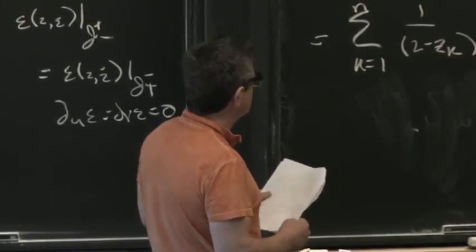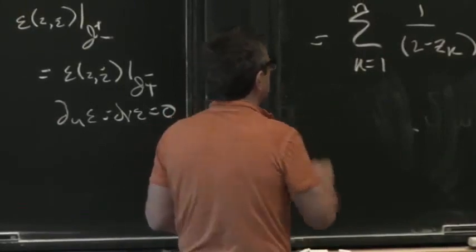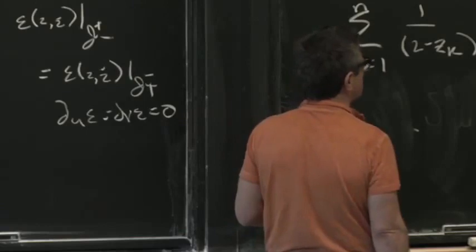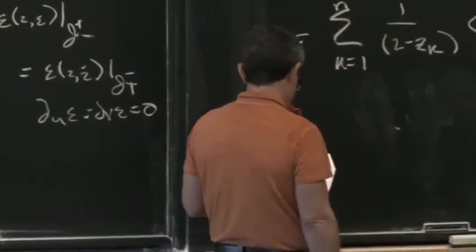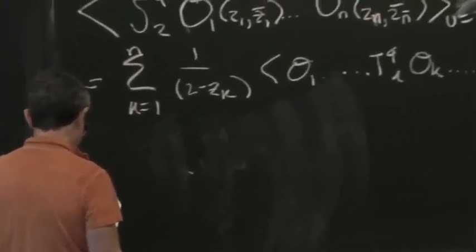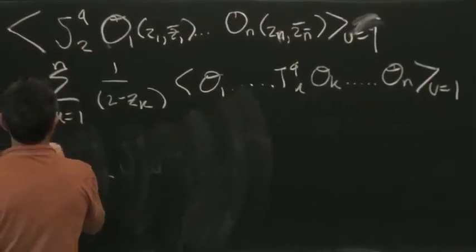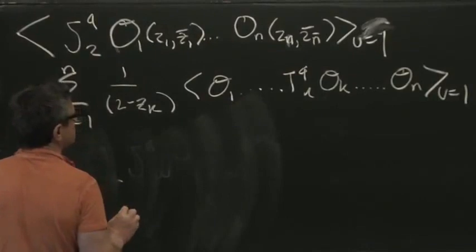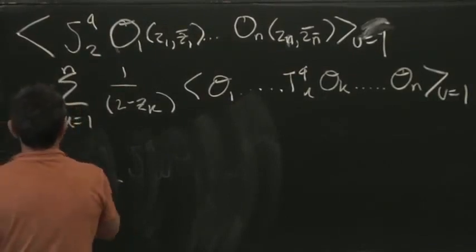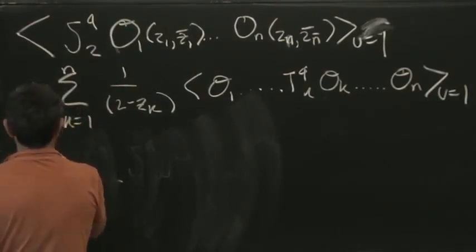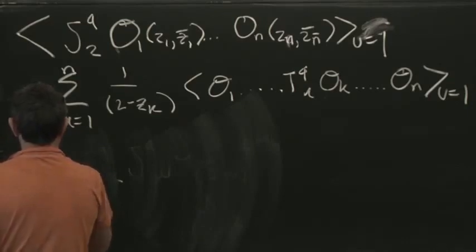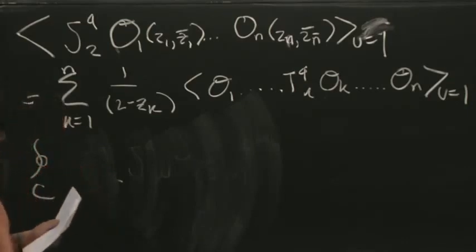All right, so the next thing I want to do is simply to take both sides of this formula and multiply it by epsilon A and integrate over some arbitrary contour C in the sphere.